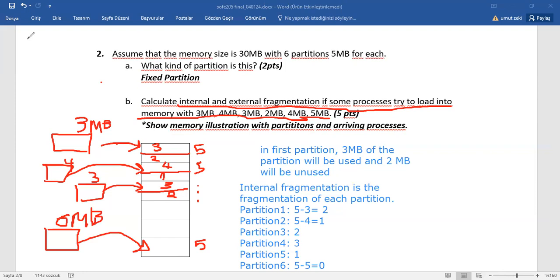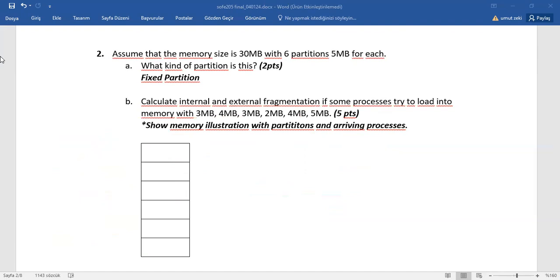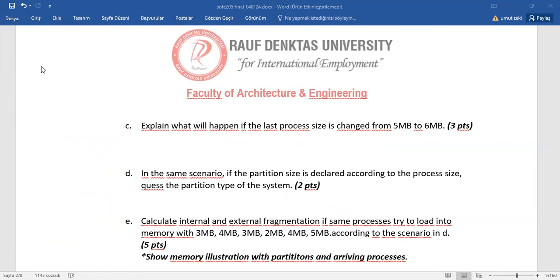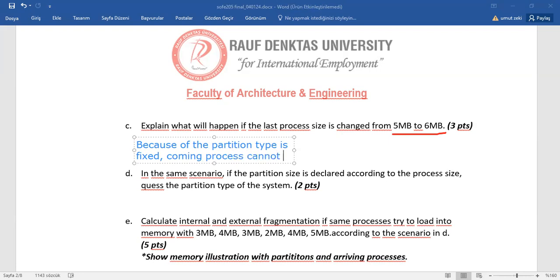Okay, so let's go to this question. If the last process is changed from 5 to 6, because the coming process is bigger than the partition size, it will not fit to the memory.